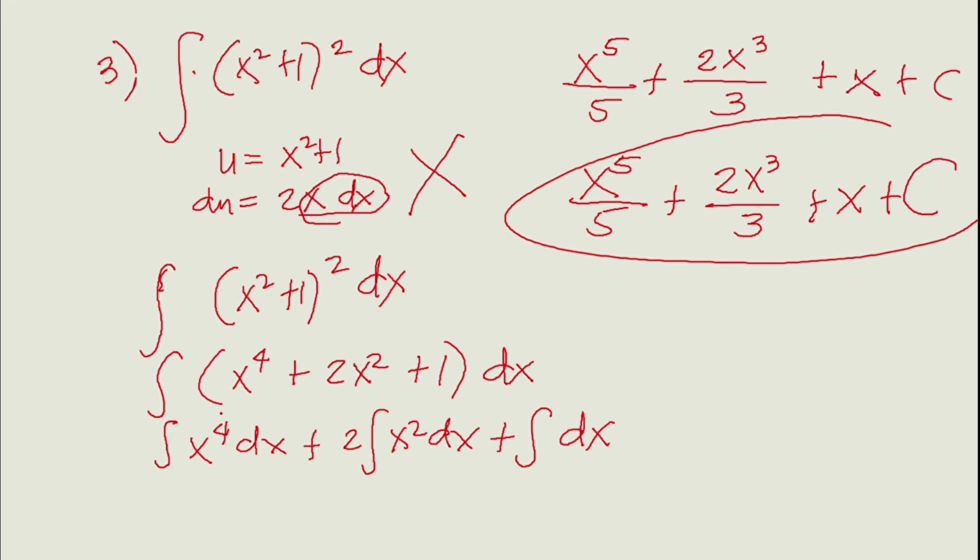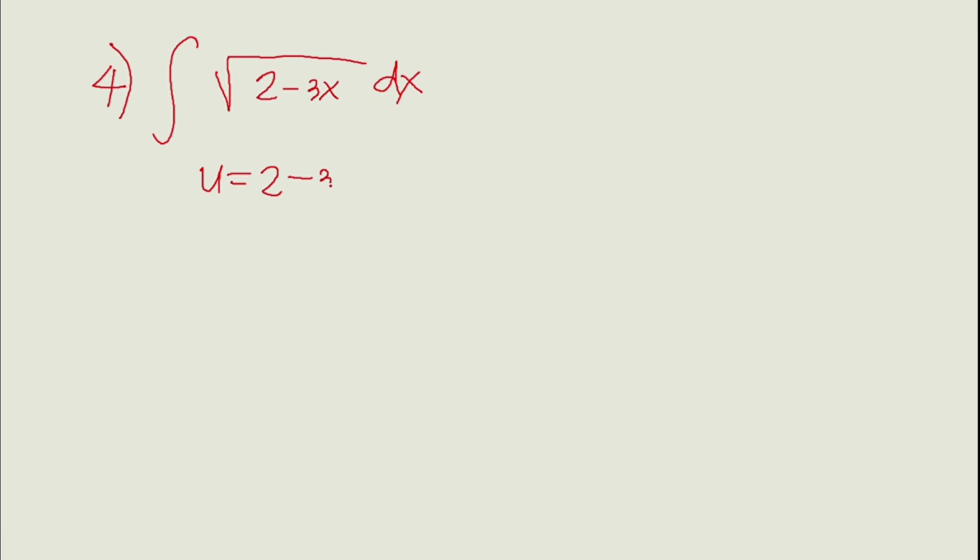So let's proceed with number 4. In number 4, okay, integral of the square root of 2 minus 3x dx. Do you understand that this u is 2 minus 3x?